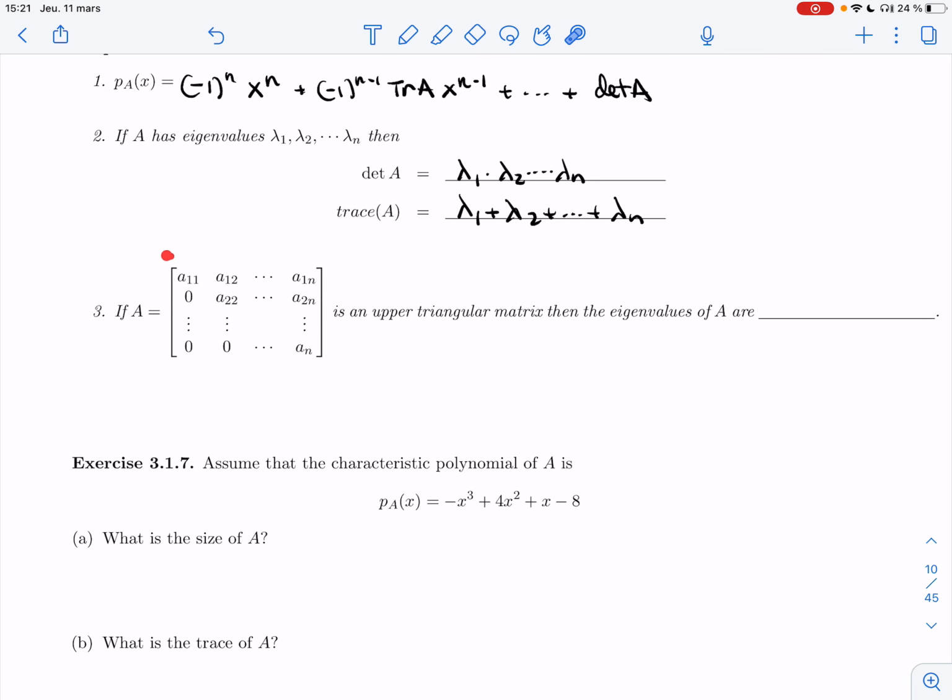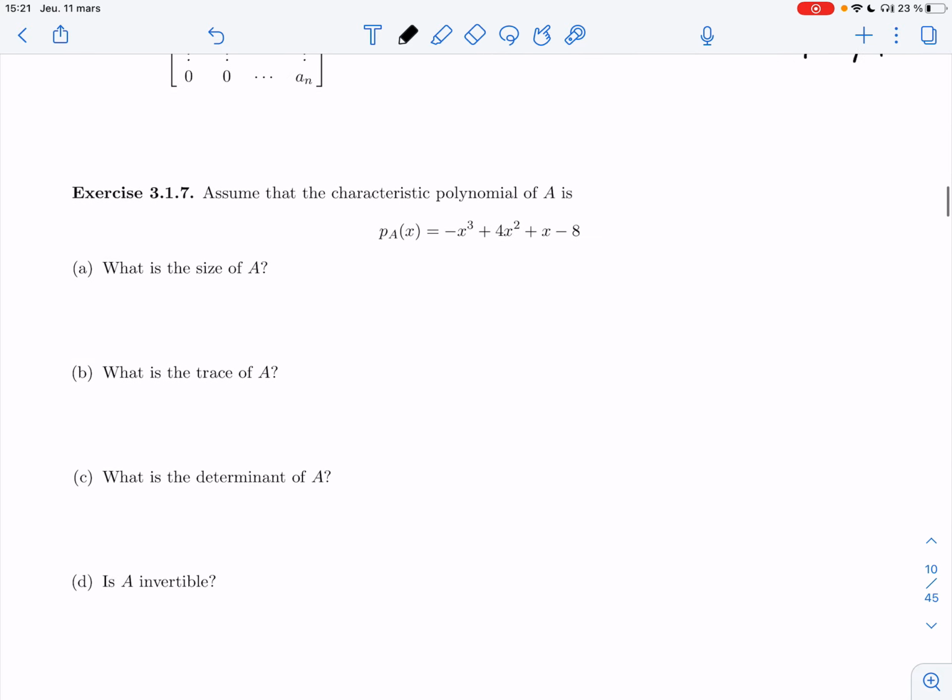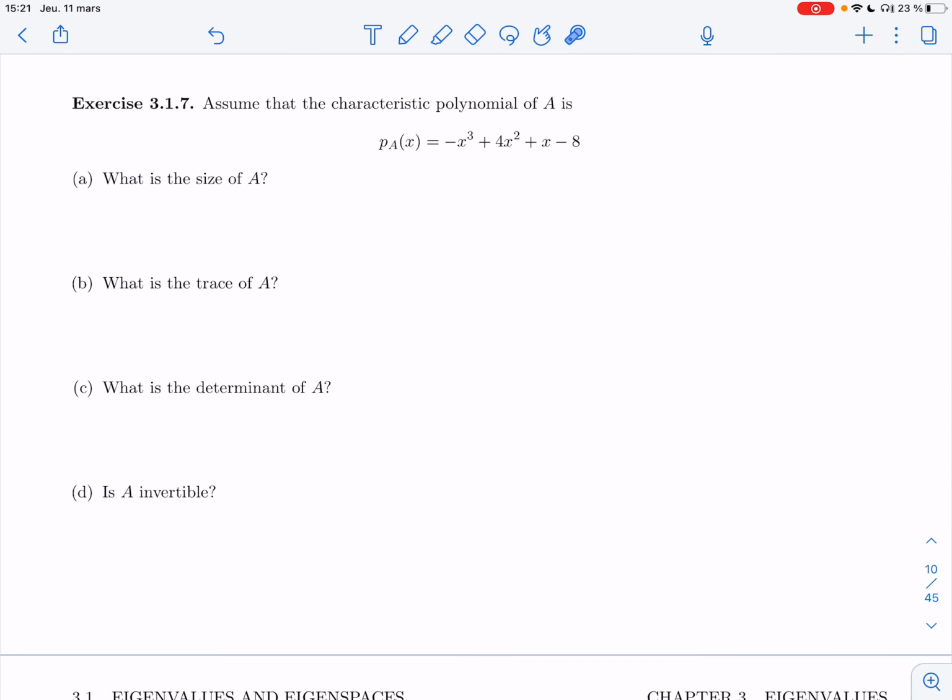All right, so if A is an upper triangular matrix, then the eigenvalues of A are A11, A22, through ANN. Now assume that the characteristic polynomial of A is PA with all of this. What's the size? Well, the size is the degree of the polynomial. That's how many times x will appear.